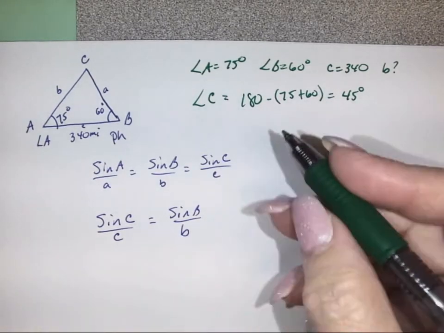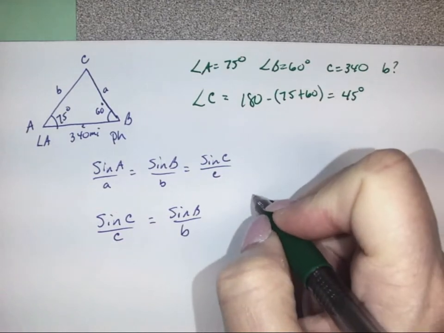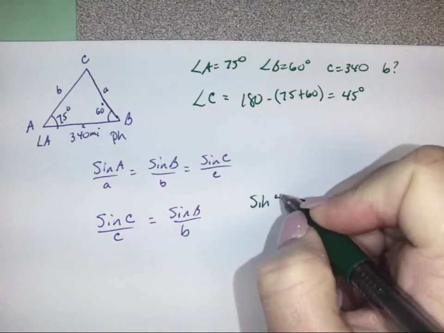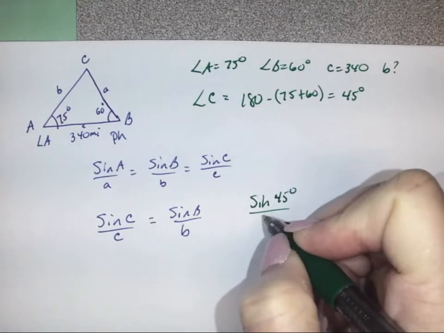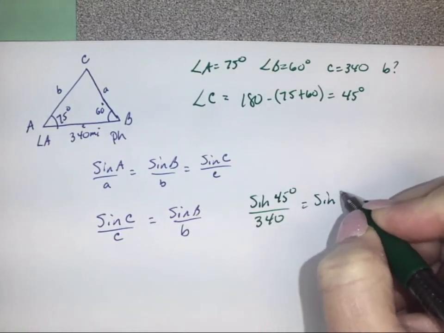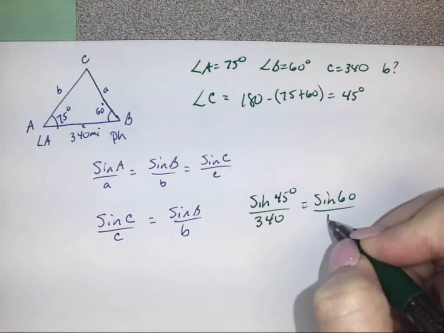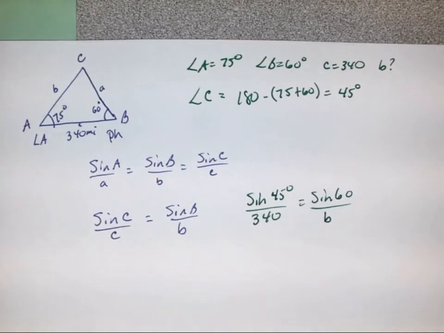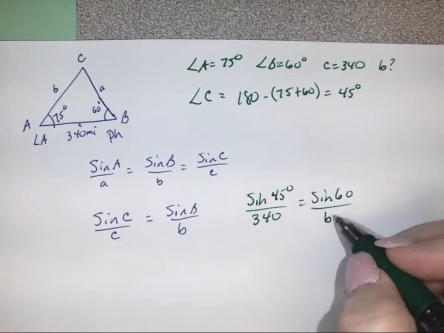So this tells me I have the sine of 45 degrees divided by 340 is equal to the sine of 60 over little b. And now we can cross multiply.